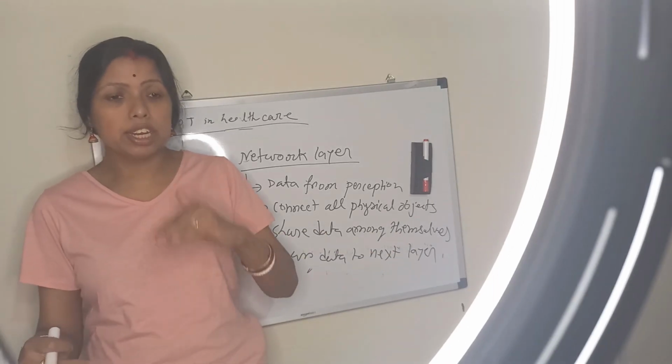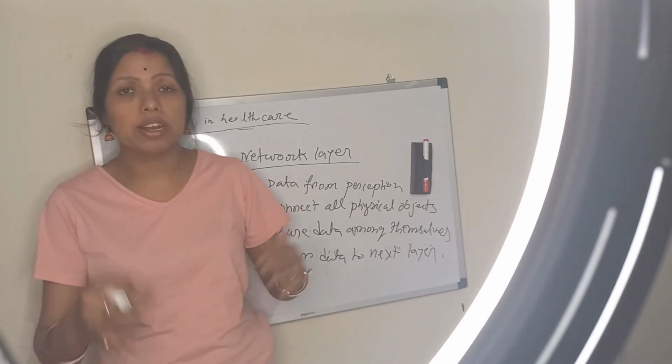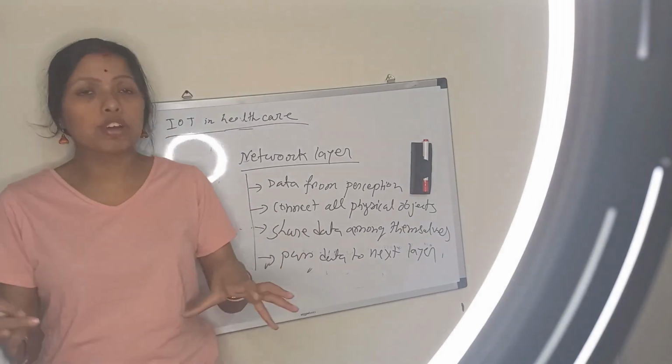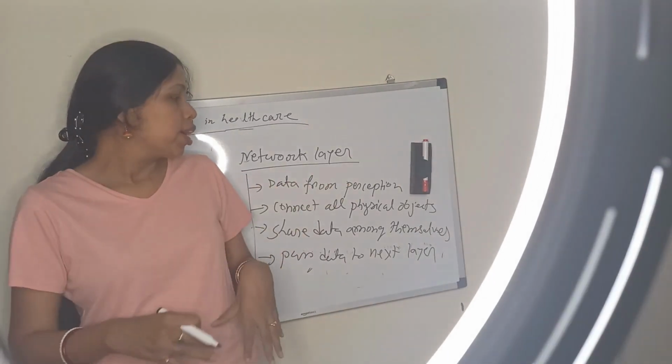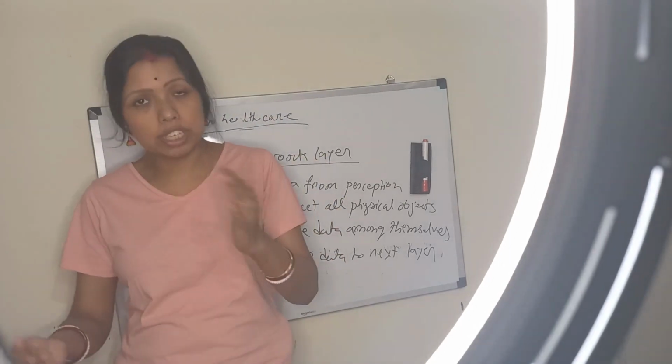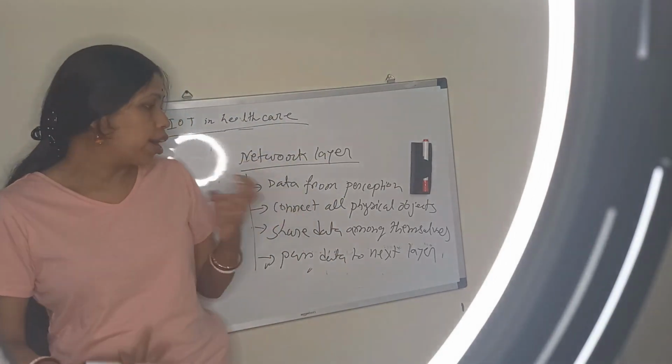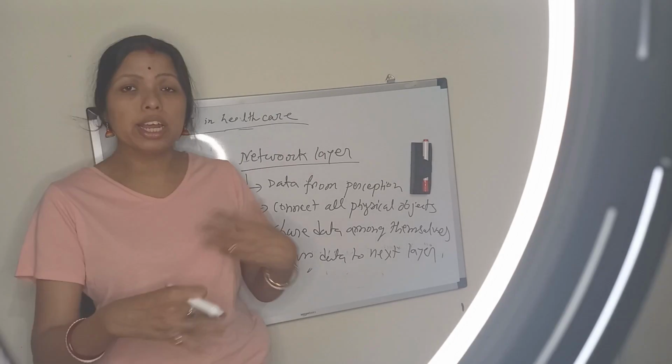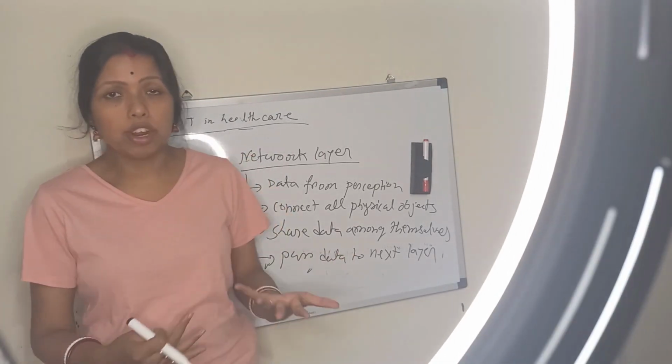You can share data from one sensor to another sensor, and in this way, through the network hub, we can connect all the data, and it will pass the data to the next layer. We will discuss the next layer now.